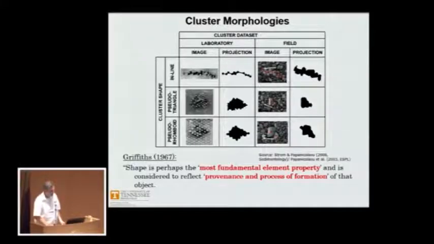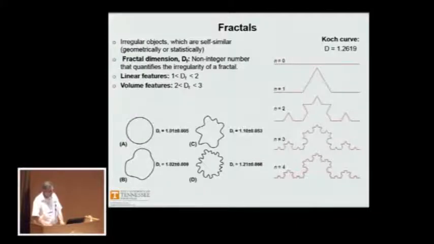Another feature that we have looked at is obviously how those patches forming around those boulders look. We have used fractal theory and the Richardson plots essentially to see how the dimensionality of those patches changes.